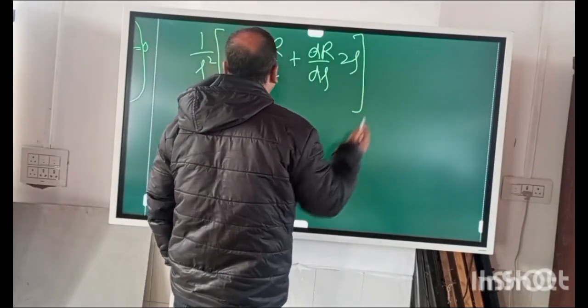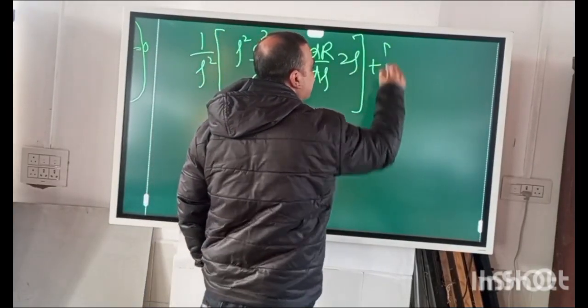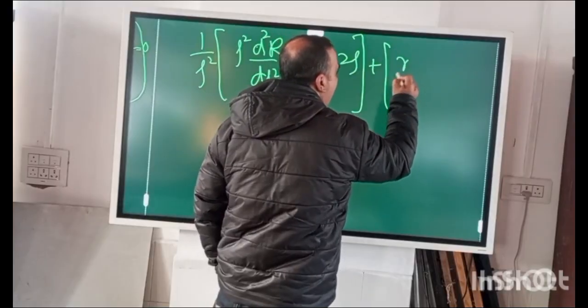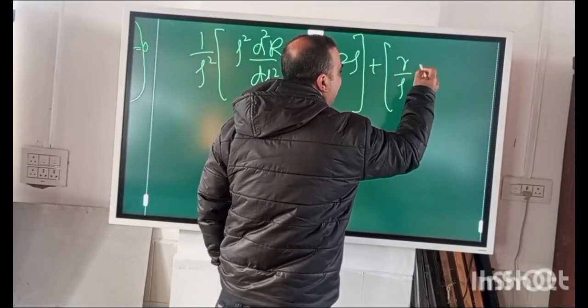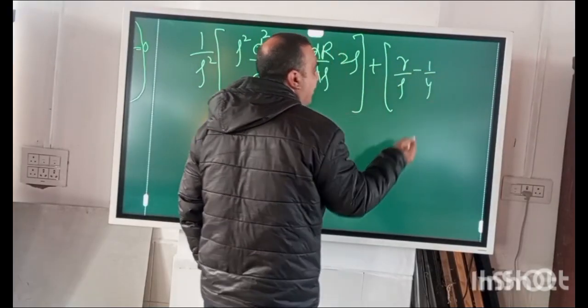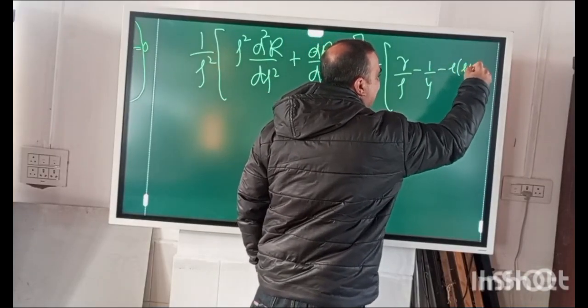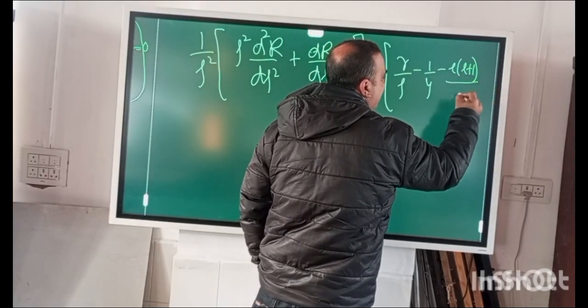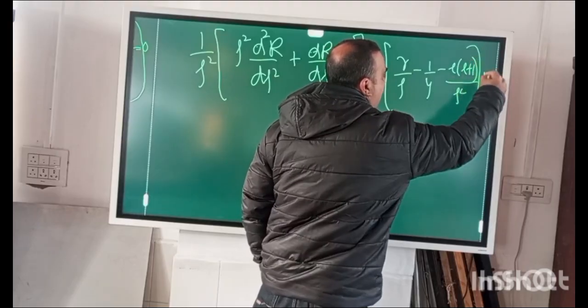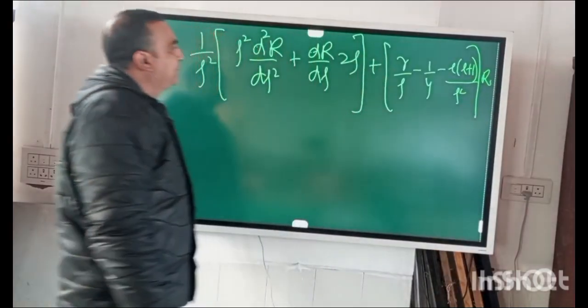I will close it, and then I have the same terms plus what I have here. I have gamma by rho, then minus 1 by 4, then minus L times L plus 1 divided by rho square. This is all multiplied by r.